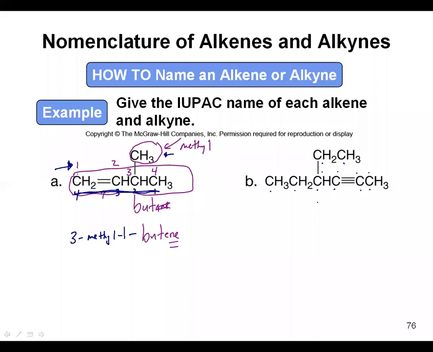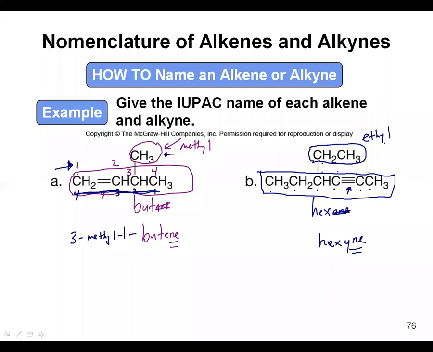So 6 carbons is going to be based off of hexane. It has a triple bond in this case, so the ANE is going to become hexyne, Y-N-E. Again, we want a number, whichever way is going to give not the group in this case, the smaller number, but our triple bond. Our group, by the way, is an ethyl group here.